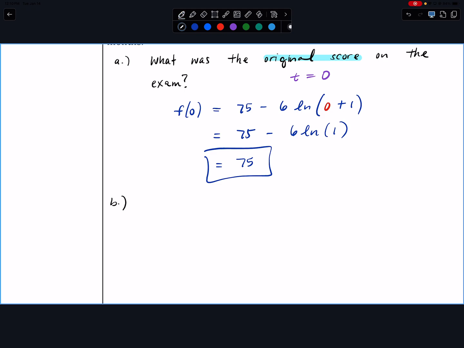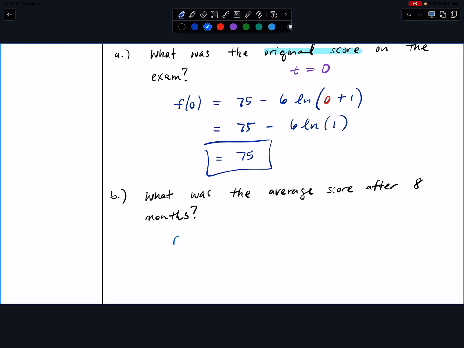B. What was the average score after 8 months? So what do you predict? Their score is going to go up or down? Down, so let's see.